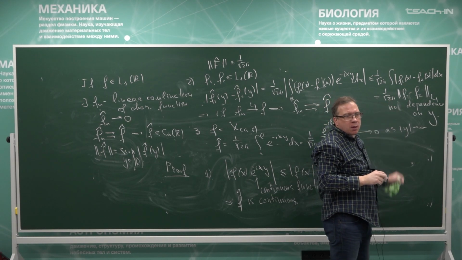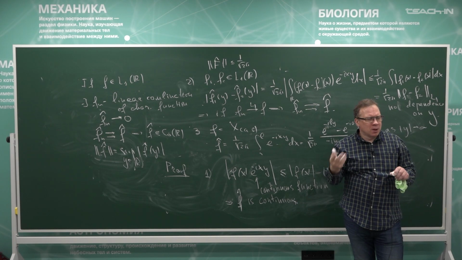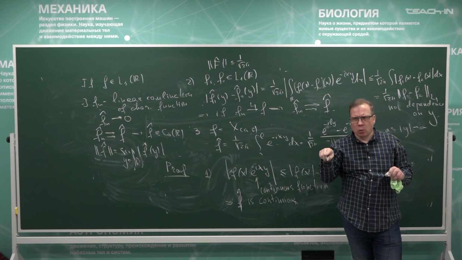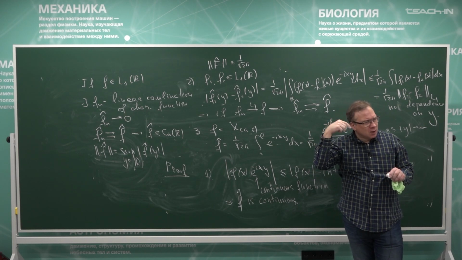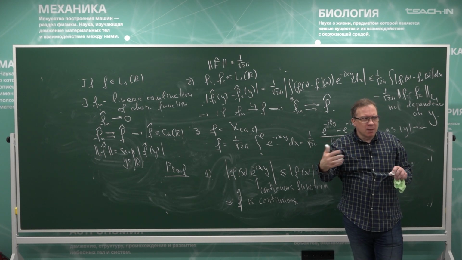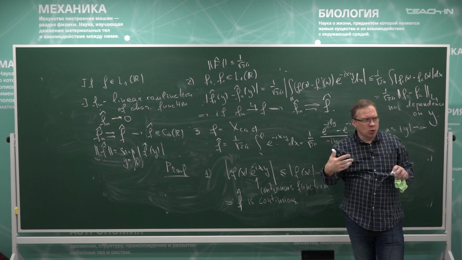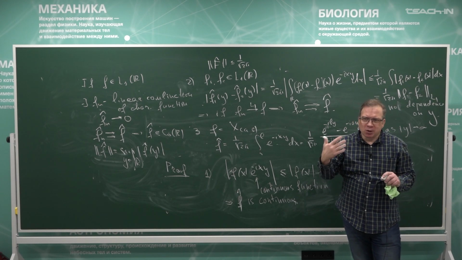I know that in physics the Fourier transform is defined without this factor 1 over the square root of 2 pi, but the inverse must have the factor 1 over 2 pi. But I won't consider that, because for the symmetric situation we prove that this operator is unitary in L2.